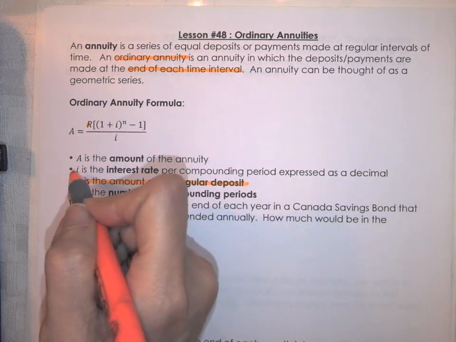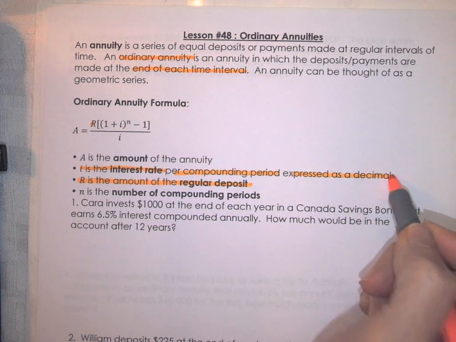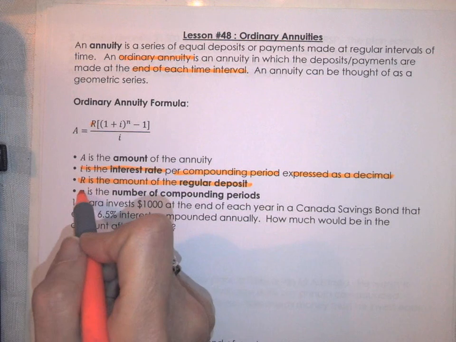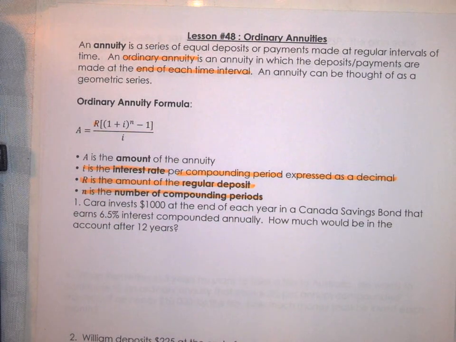Where i is the interest rate per compounding period expressed as a decimal, and n is the number of compounding periods. Those are the things that you need for the formula.